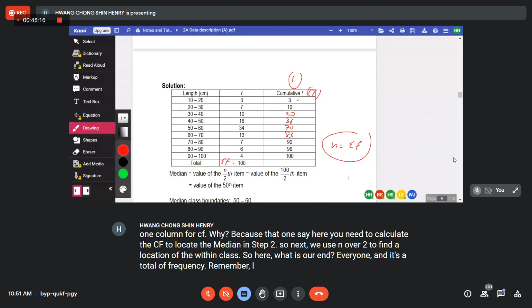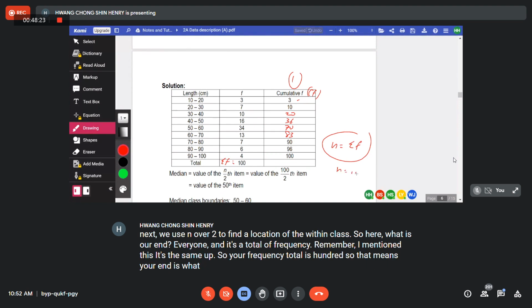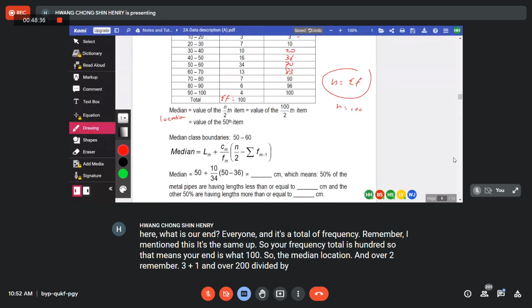Remember I mentioned this? It's the same. So your frequency total is 100. So that means your n is 100. So the median location, n/2, remember? Only plus 1. N/2 is 100 divided by 2, which is 50.